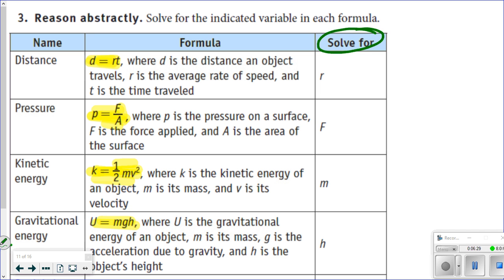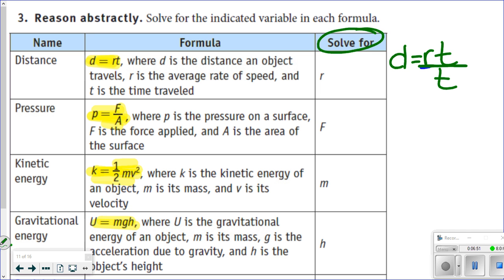So we're solving this first equation, D equals RT. We're solving for R. What's with the R? T. So what I need to do is divide both sides by T to cancel it out, to get rid of it.